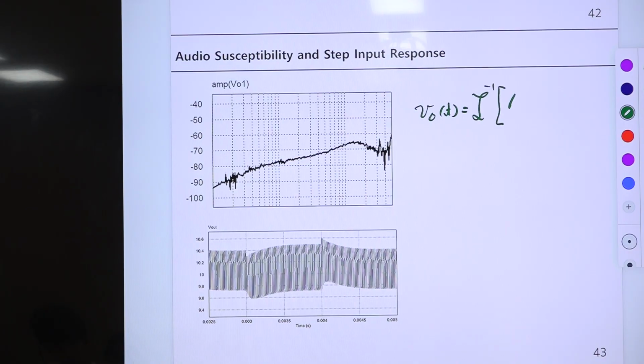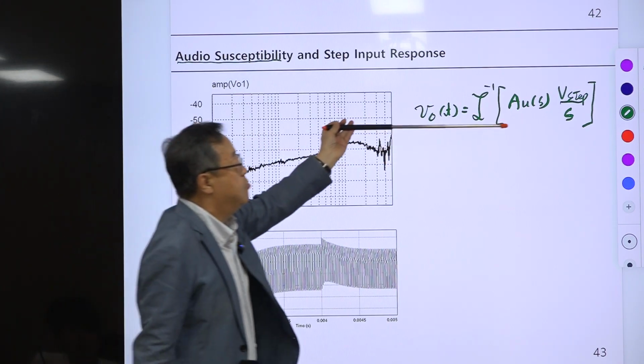Here you have this AUS, this is the audio susceptibility transfer function, and this is the V step divided by S. This is the S domain expression of unit step times the magnitude of the step.